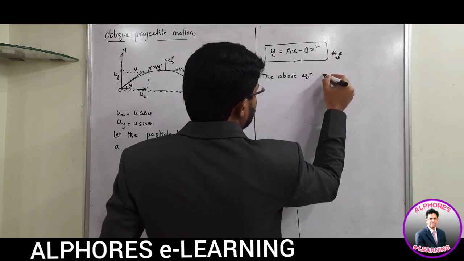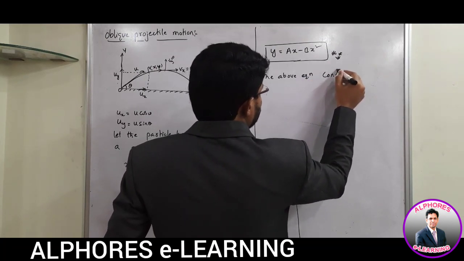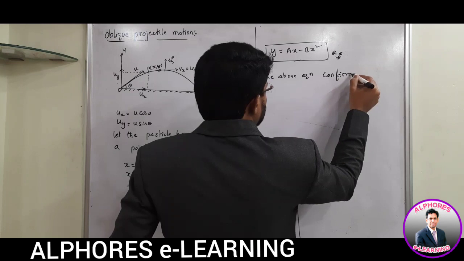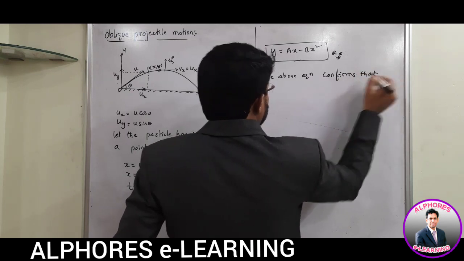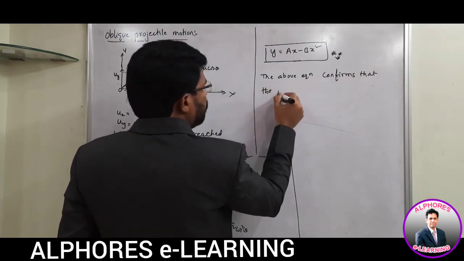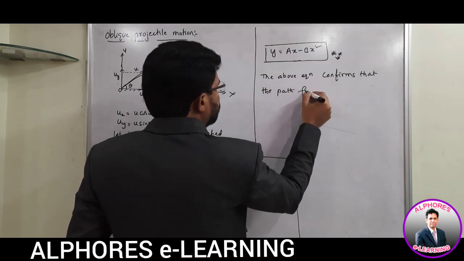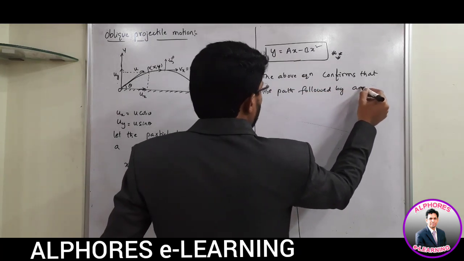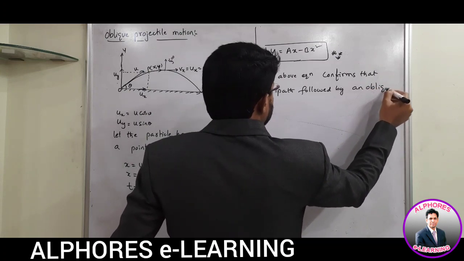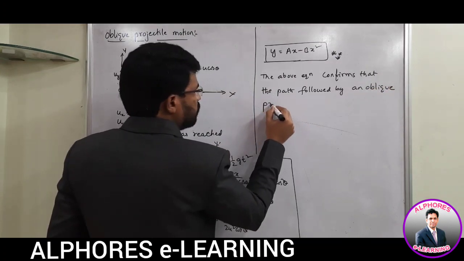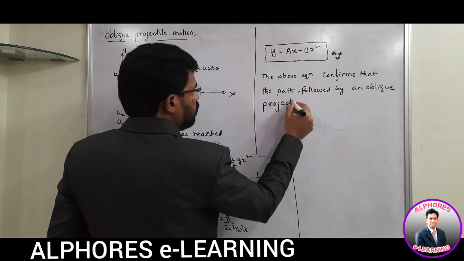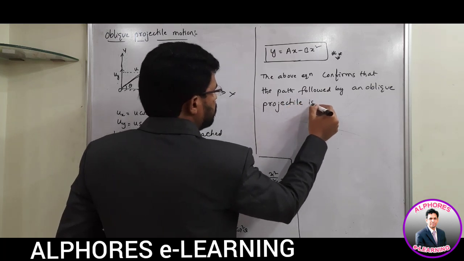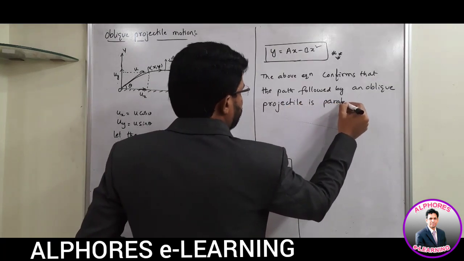So the above equation confirms that the path followed by an oblique projectile is a parabola.